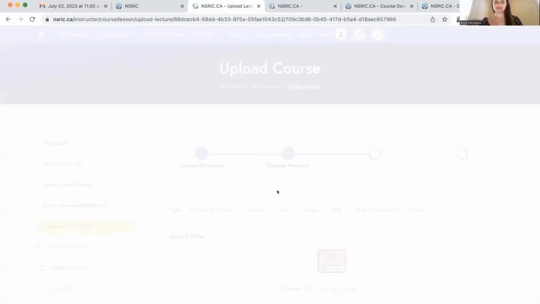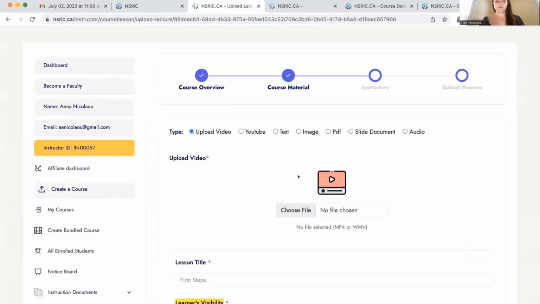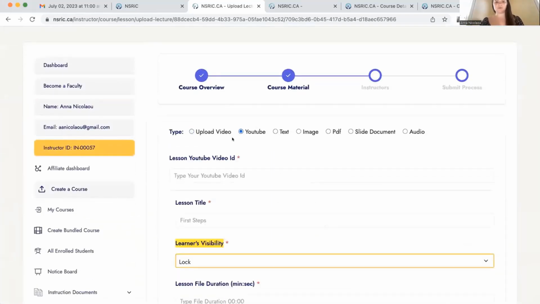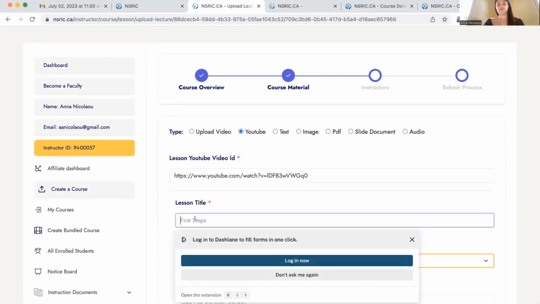So upload lesson. And then you could upload either a video directly, or you could also upload a video from YouTube by punching in the ID, which is just the link to the video. So I'll actually go back quickly to my video and put in that link there, and then you'll put in the topic.